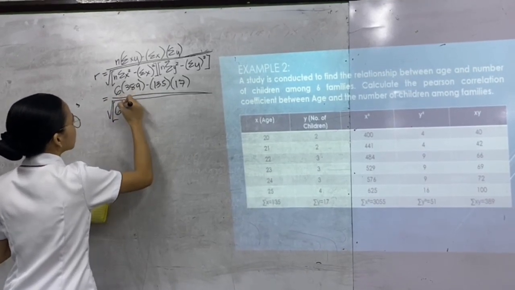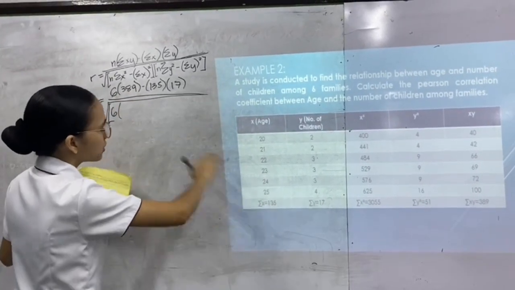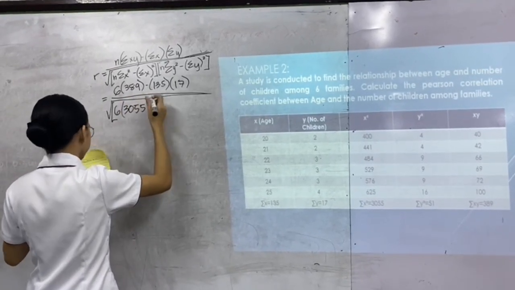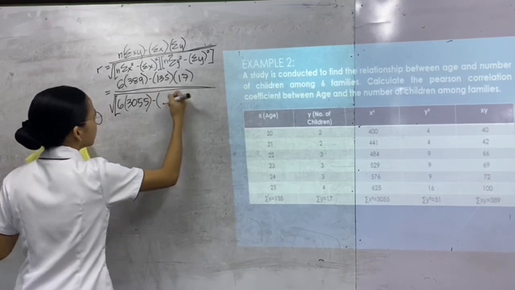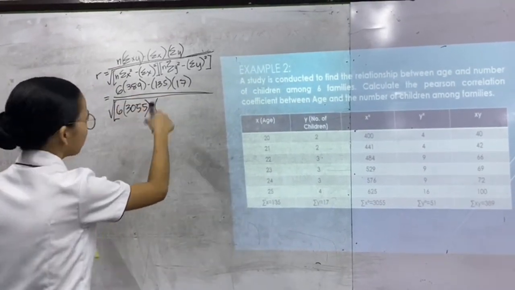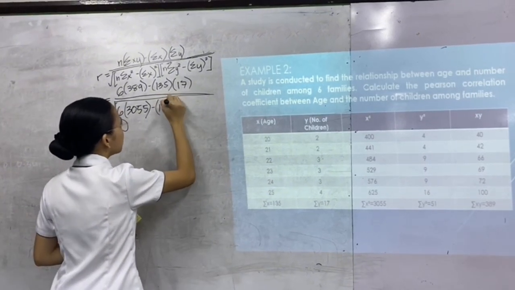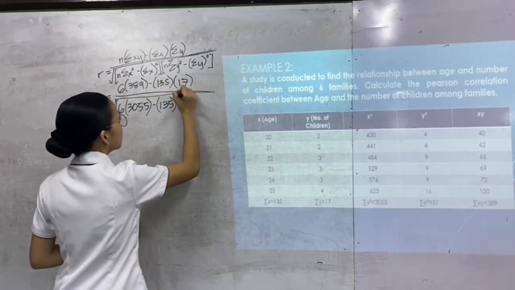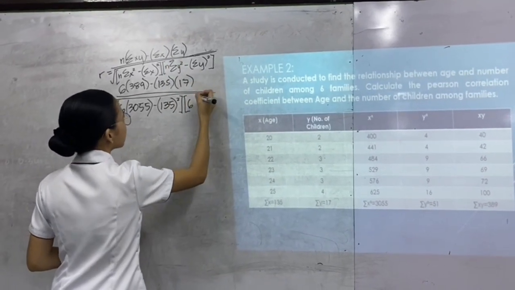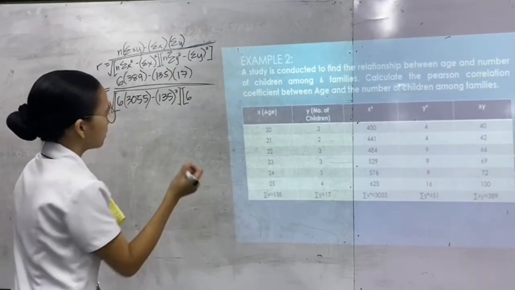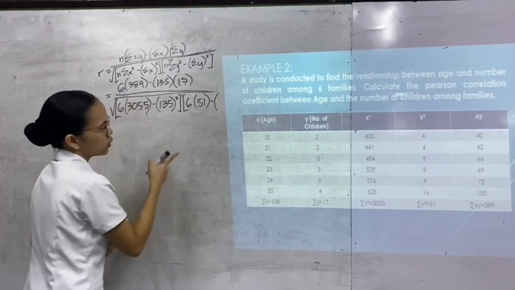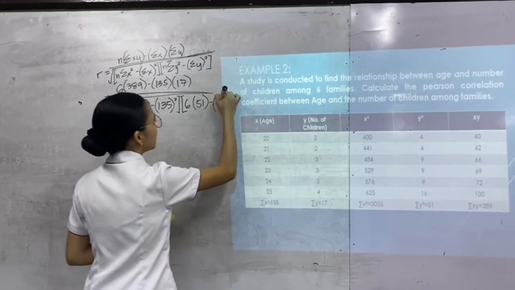The summation of x squared is 3055, and x squared summation is 135 squared. The summation of y squared is 51, and the value of y is 17.